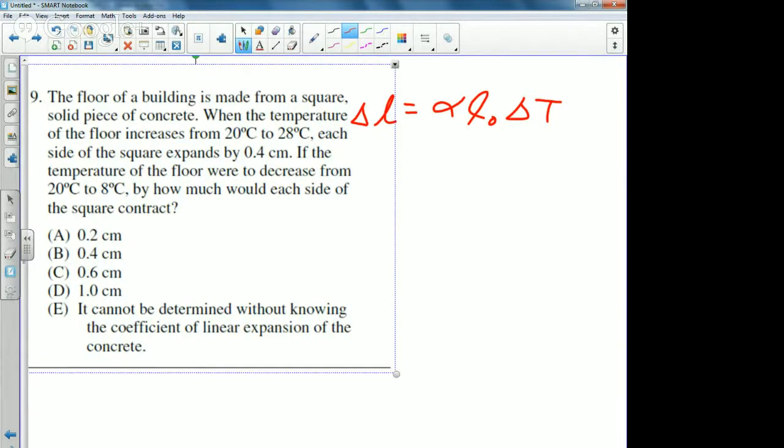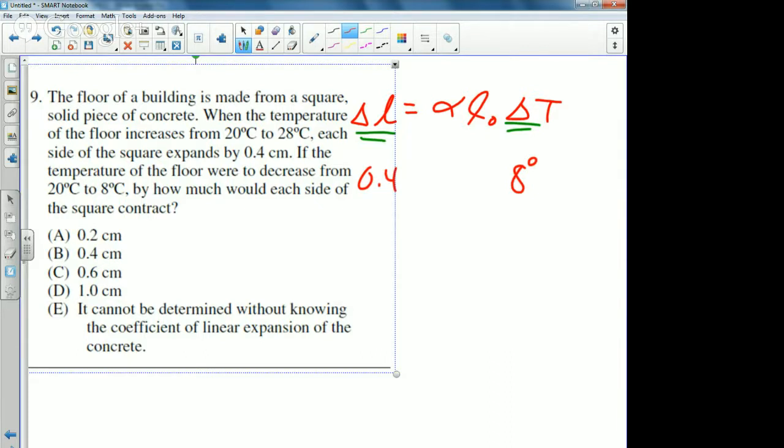The key thing here is that the change in length is directly related to change in temperature. So they tell us that when there's a change in temperature of 8 degrees Celsius, delta L is 0.4.